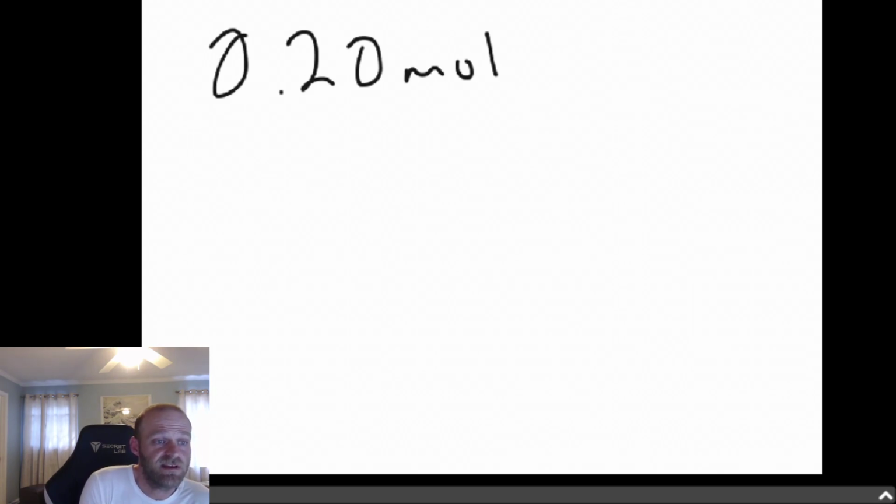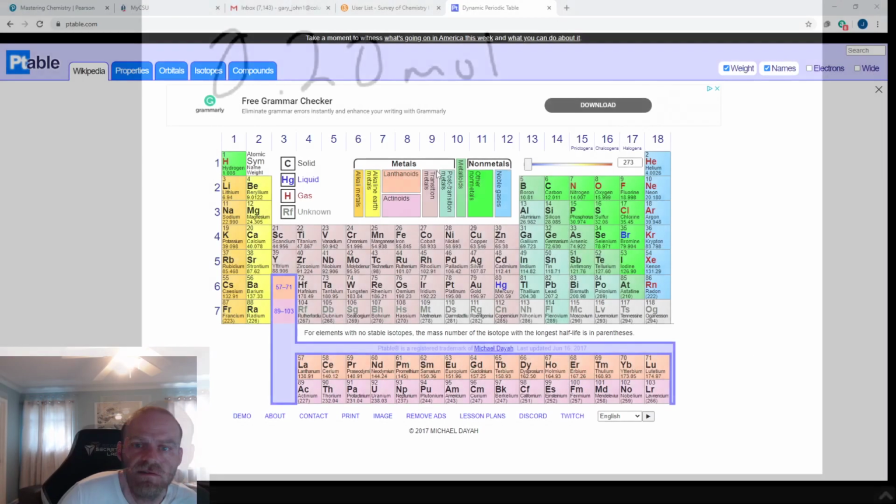Now I need to determine the molar mass. So go through your periodic table. I have a periodic table. Hold on. Where is it at? Here it is.